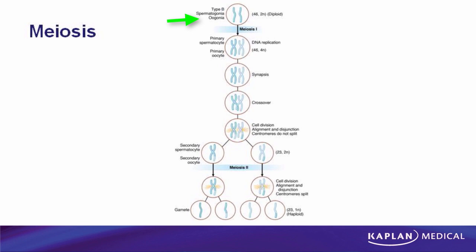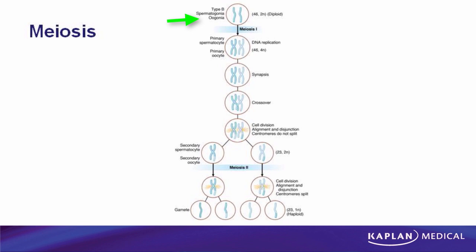These cells are going to be called spermatogonia or oogonia, depending upon whether it's male or female. But the important point to note is that these are somatic cells. These are not gametes. These are somatic cells, which means they divide by mitosis. And so when they divide, they just produce more of themselves.